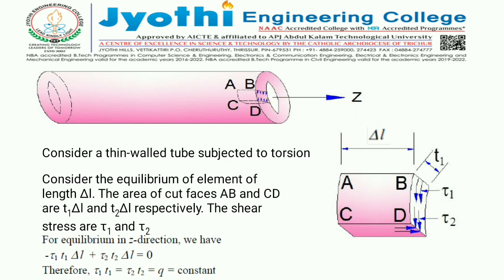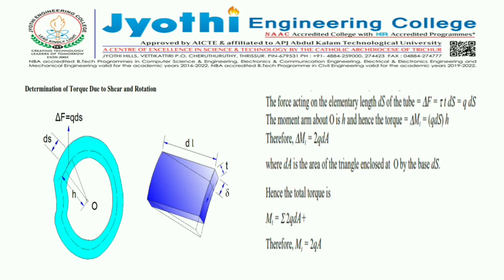By substituting force in terms of shear stress, we get minus tau1 t1 delta L plus tau2 t2 delta L is equal to 0. Therefore, tau1 into t1 is equal to tau2 into t2, that is equal to q. The q is known as shear flow. Therefore, shear flow is always a constant value and it is obtained by multiplication of shear stress and the corresponding thickness of the tube.